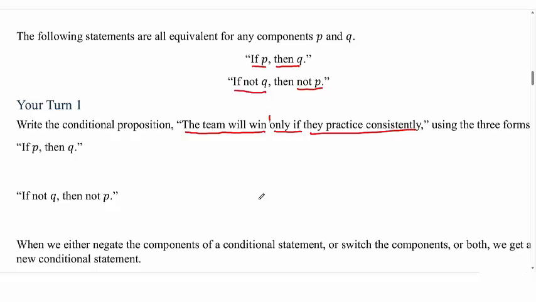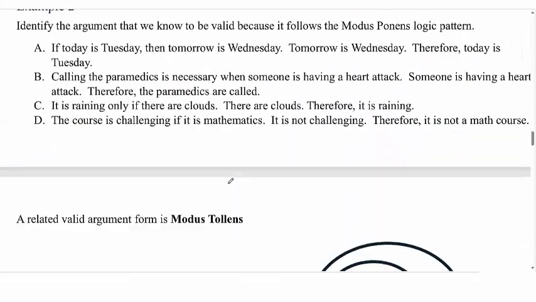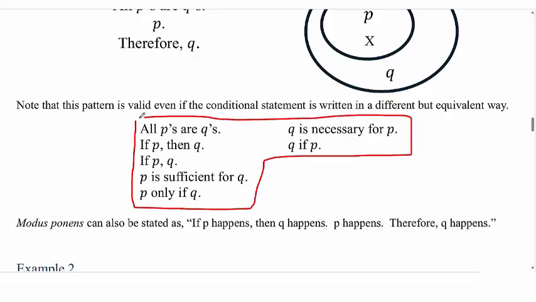Now, we have talked about different wording for the conditional, and we've talked about a chart that shows us whether the hypothesis is at the beginning of the statement or at the end. All of these statements are equivalent to each other.